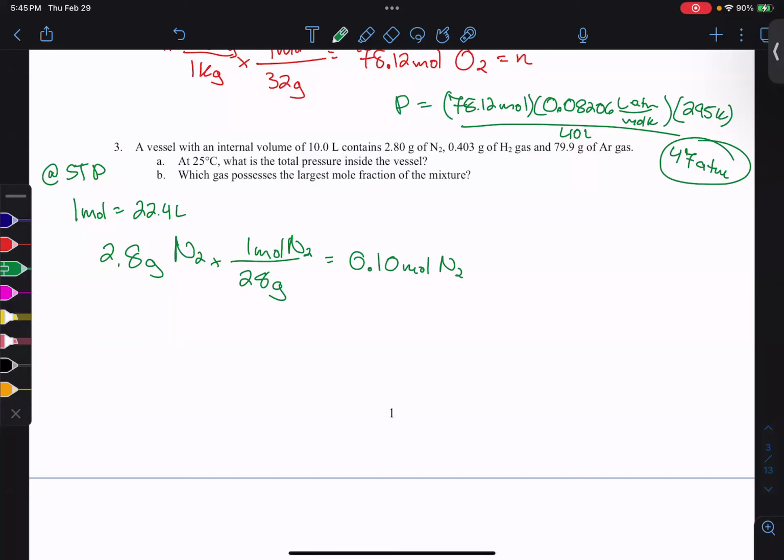Then let's look at the helium sample, so 0.403 grams of hydrogen. The molar mass of hydrogen is something. What is it? It's like 2 something. It's about 2 grams. Okay, what is it? 2.016 grams is 1 mole of hydrogen.